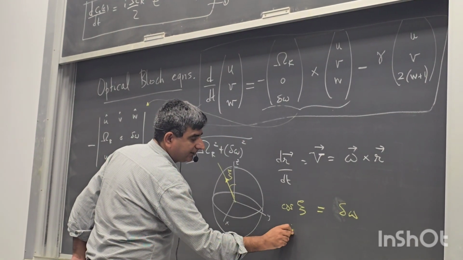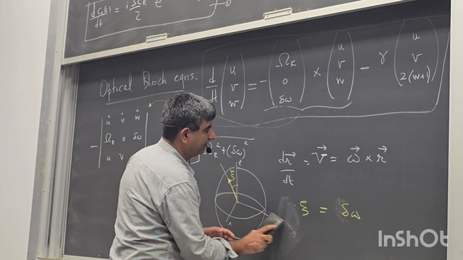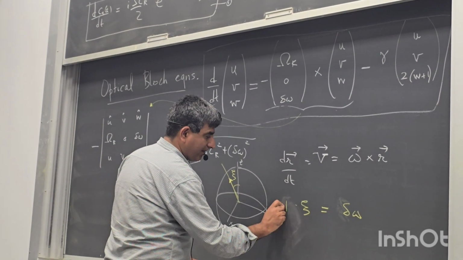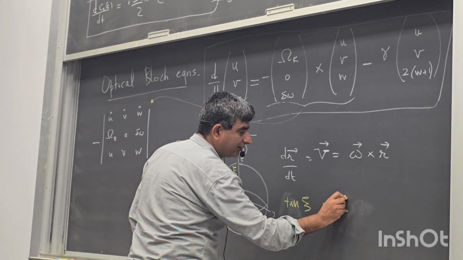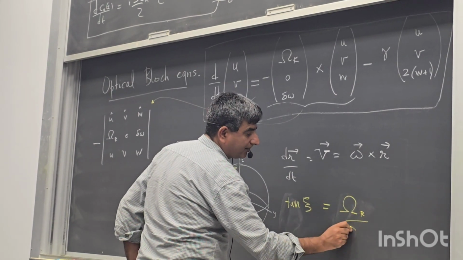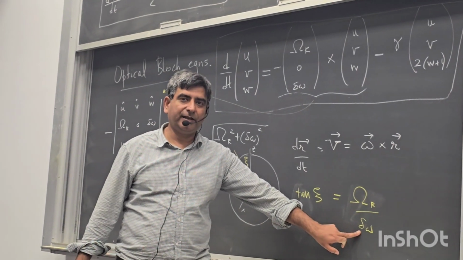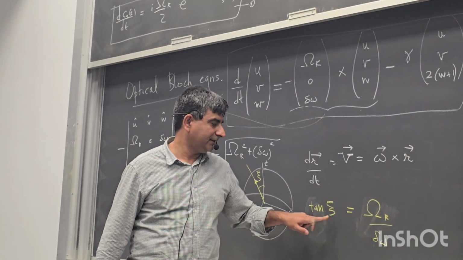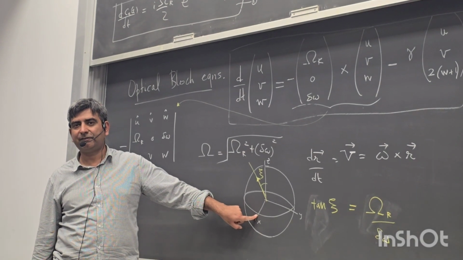or in other words, tan of xi is Omega_R over delta omega. If delta omega is 0, xi is 90 degrees, you have rotation around the x-axis.